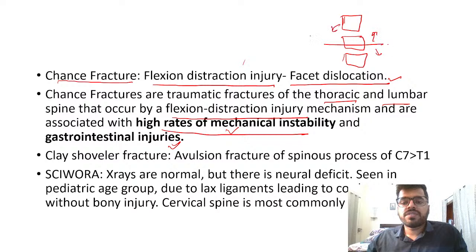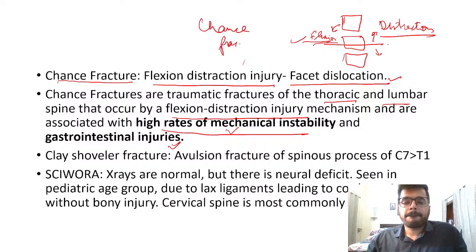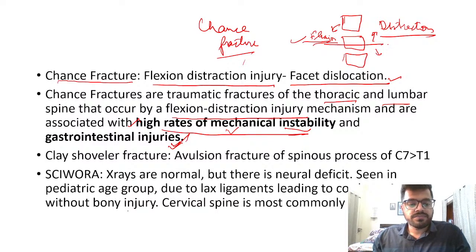Here there is flexion, and the posterior column is failing in distraction. So flexion distraction injury is chance fracture. So there are high rates of mechanical instability and high chances of gastrointestinal injuries.